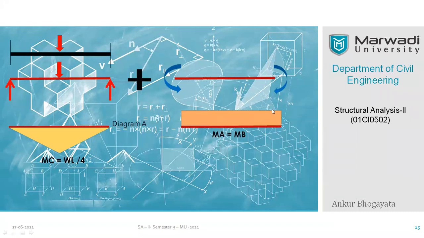Okay. Now, let's combine them together. So here we have combined them, and this is the net bending moment diagram. When I draw the net bending moment diagram, this upper portion will get cancelled. So we have two orange triangles, and only this much amount of the yellow triangle will remain.